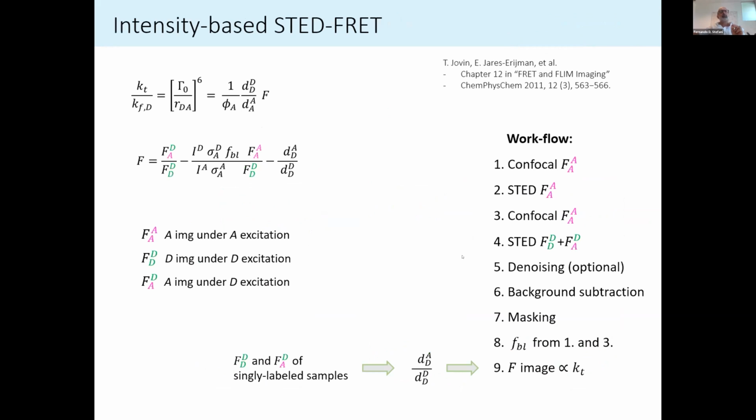So then all you need is a pipeline to compute FRET signals from STED images. And we have done that using a formalism developed by Tom Jovin and Elizabeth Harris a few years back. It's an intensity-based FRET measurement that is suitable for STED images.